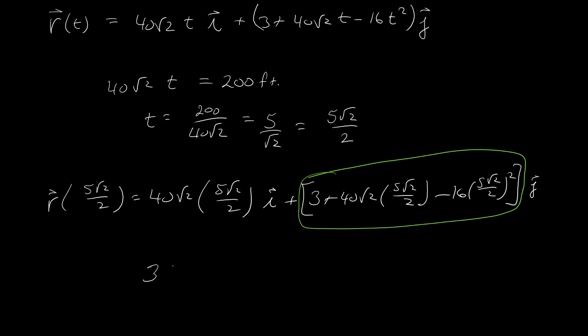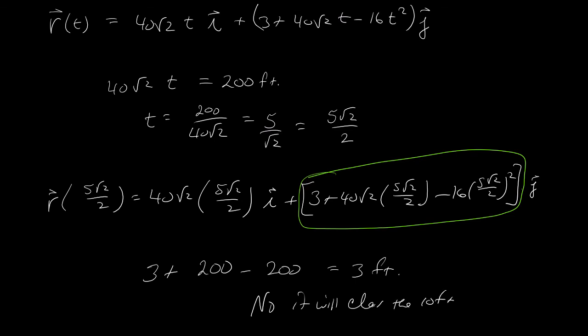So let's see, what is that? 3 plus 40 root 2 times 5 root 2 over 2 is going to be, what, 200? Yes, and then minus 16 divided by 2 squared would be 4, so that's 4 times 25 times 2. So 4 times 25 would give us 100, times 2 would be 200, and that's equal to 3 feet. So the answer is no, it will not clear the 10-foot wall, because it's only going to be 3 feet off the ground at that point.